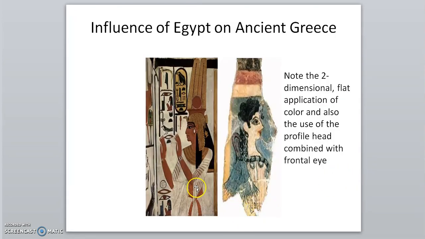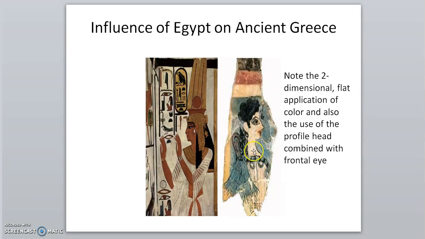That's also the case here, as you can see, that the Egyptians created a standard way of drawing the human being, and that is with flat application of color, flat two-dimensional profile people. But the typical thing is the profile head with the frontal eye. Again, exaggerating or featuring that eye.